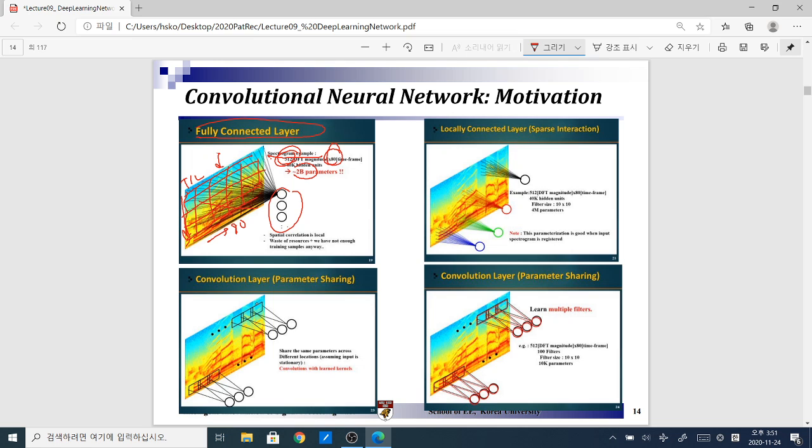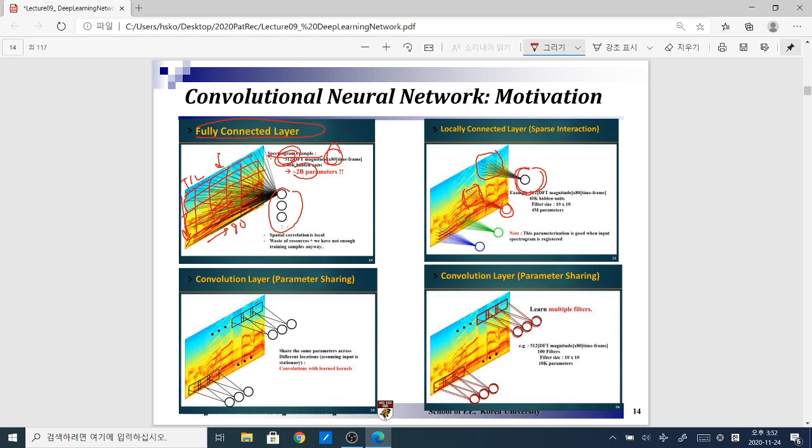The other possible way of reducing the number of weights is by using a smaller set of hidden neurons. The way we could do that is to have certain neurons be locally connected only. Say this particular neuron is connected only to this region, having its receptive field focused on this particular location of the original image.